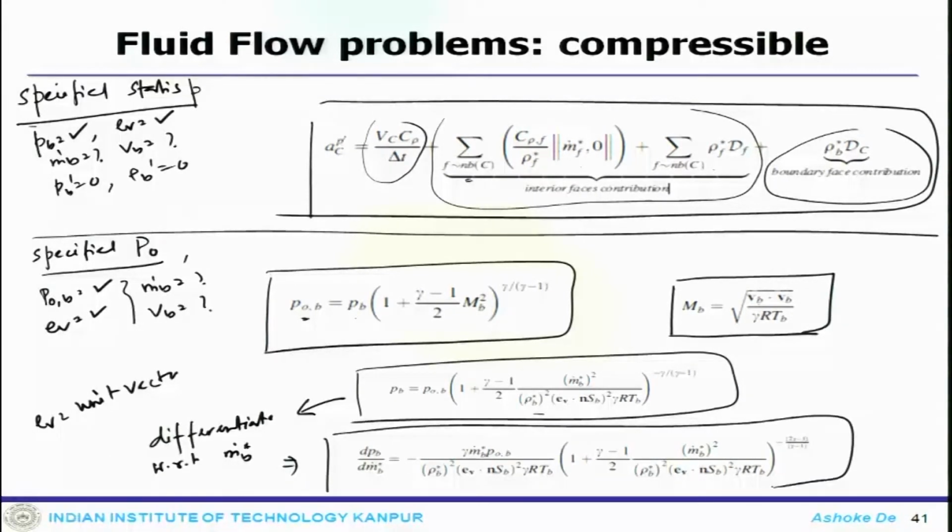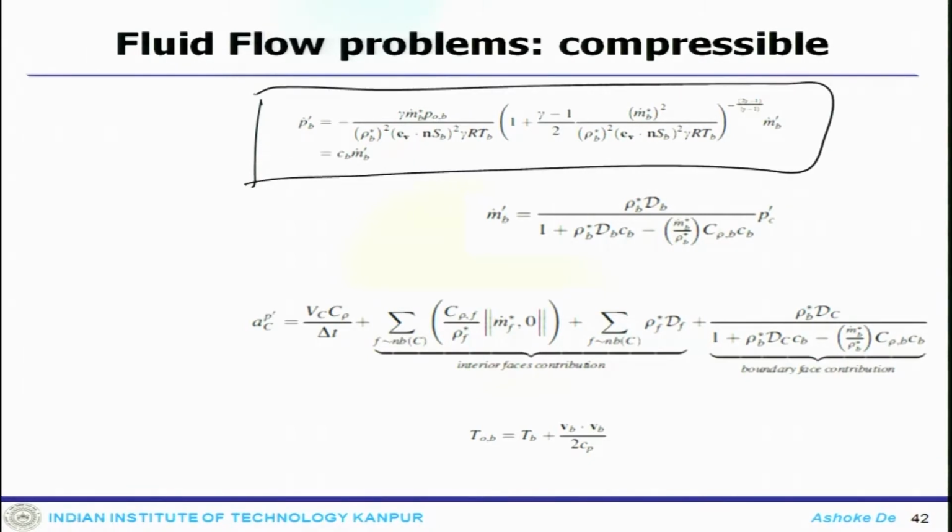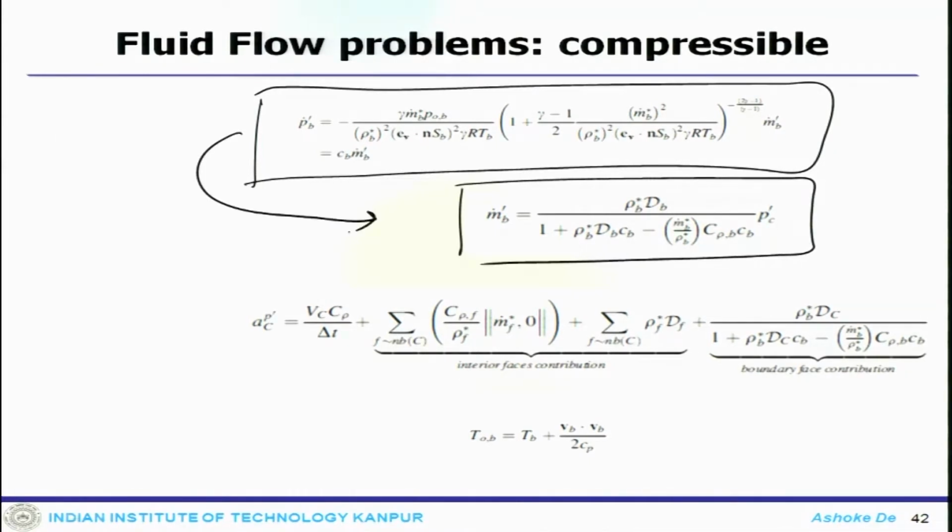So, that is an algebra, one can carry out that, and now you substitute this into the equation of the pressure corrections, then what you get is Pb prime equals Cb some constant like this. So, that will get you back the mass flux prime like this. So, these are the conditions which you get for the pressure correction.